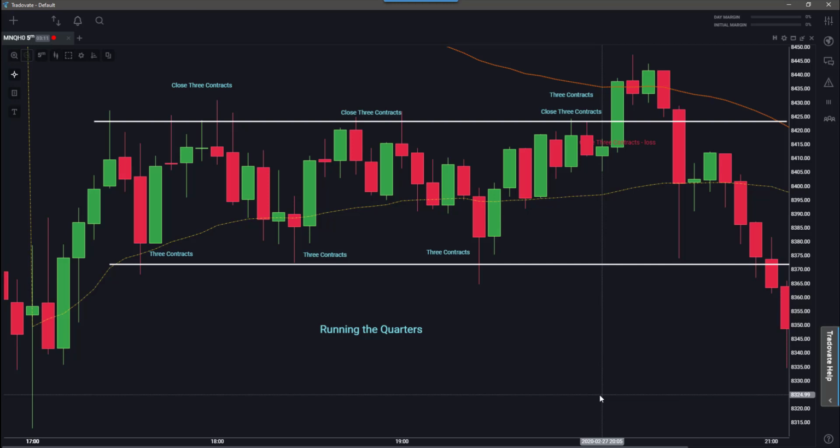Now, I mentioned it, so let's go ahead and talk about it. Pairs trading is not just trading inversion of each other. Sometimes you want to trade two different markets in the same direction. Sometimes you want to just take some heat off of your trade. Say I get in right here at the quarter and it continues to pull back against me and I'm looking to go long to get back up to the next quarter.